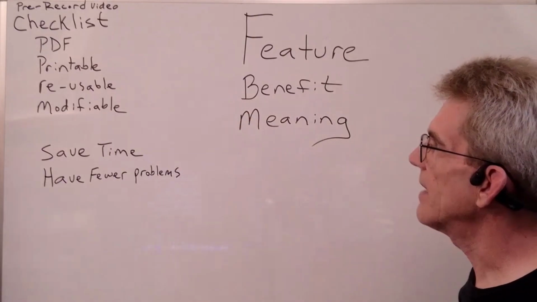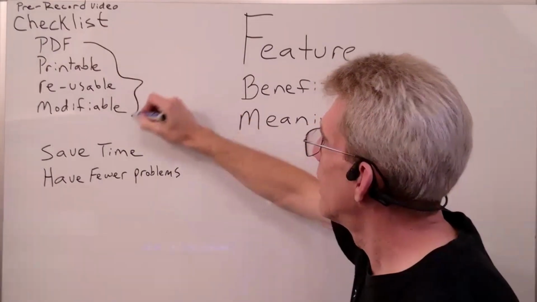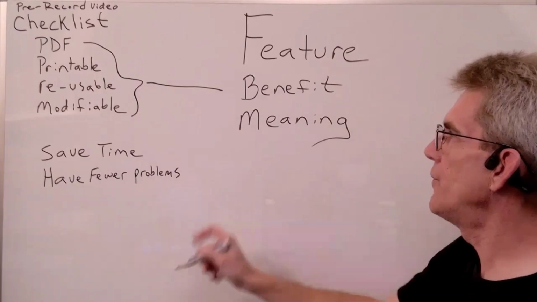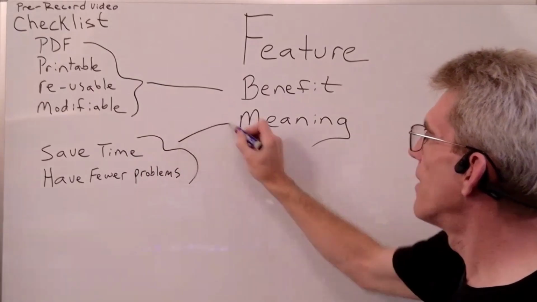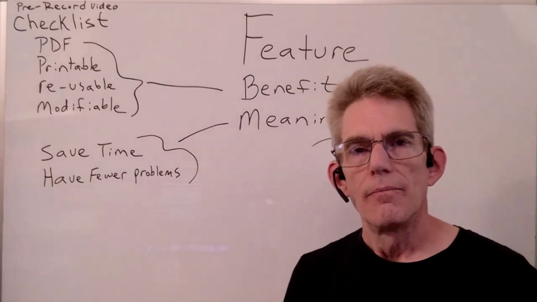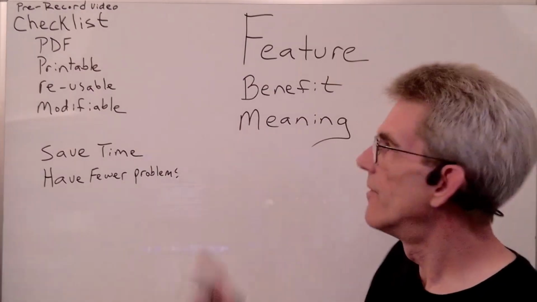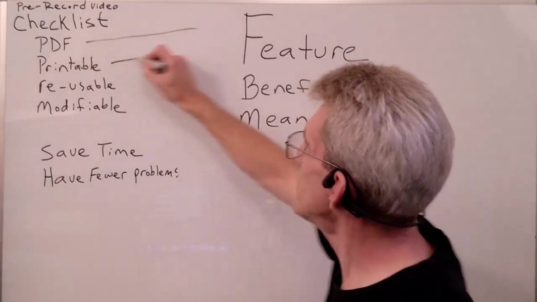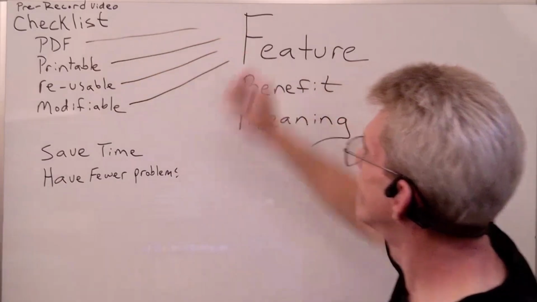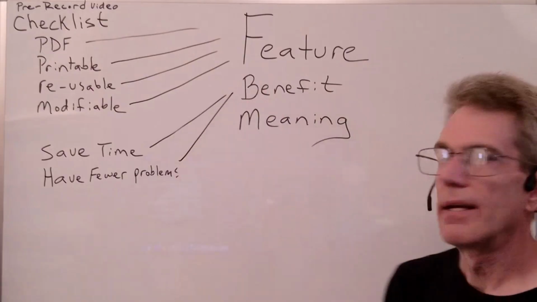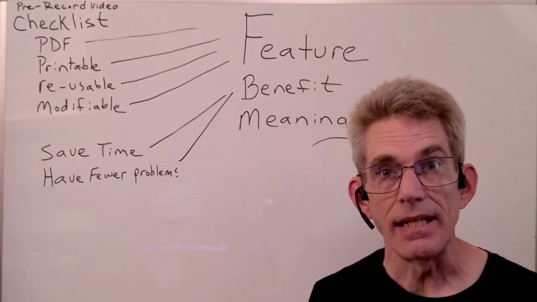A lot of people think that this means benefit, and that it's going to save you time and you're going to have fewer problems, and that is the meaning. But there's more layers to it than that, because in actuality, these are all features. And these are simply benefits, not any meaning.